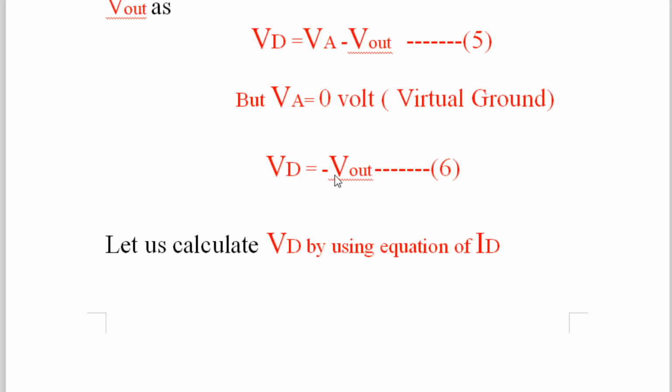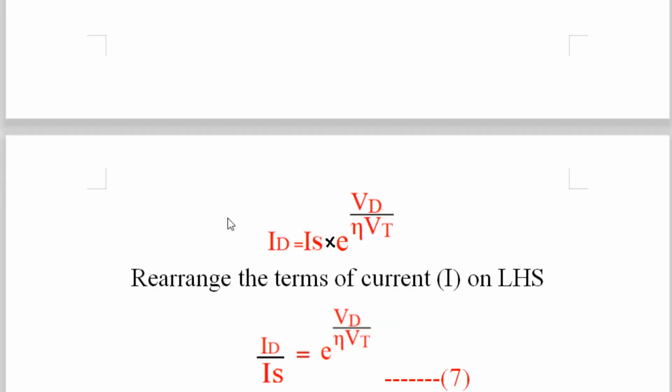Now this is the VD. VD means voltage across the diode. Now let us calculate VD by using the equation of ID. Which equation? Equation of ID, which is this equation, and this equation is representing that the current flowing through the PN junction diode is exponential in nature, and that's why the IV characteristics of the PN junction diode have an exponential curve.